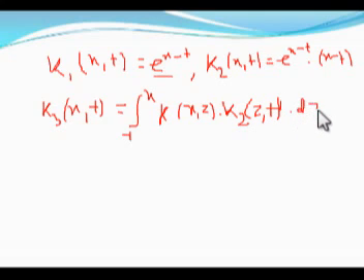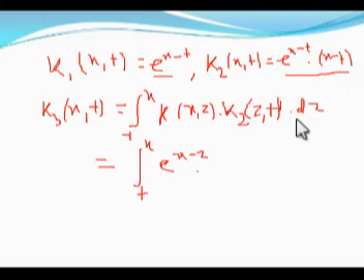So you have to put this value. We have already found K2. We know K(x,z) is equal to K1, e to the power x minus z, and K2 we found is e to the power x minus t into x minus t.